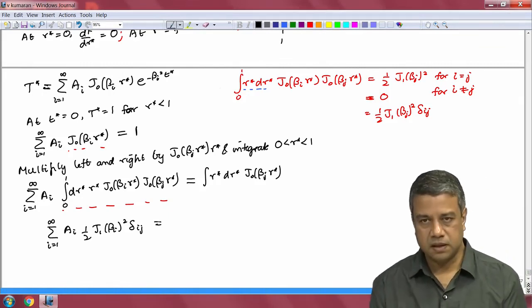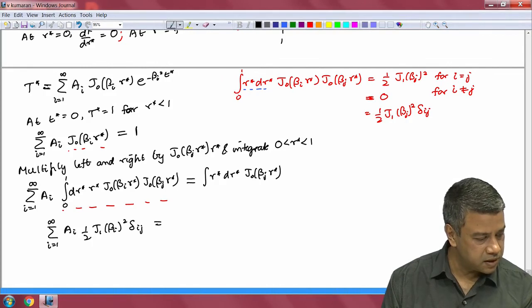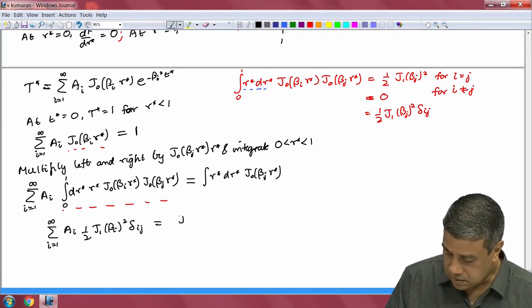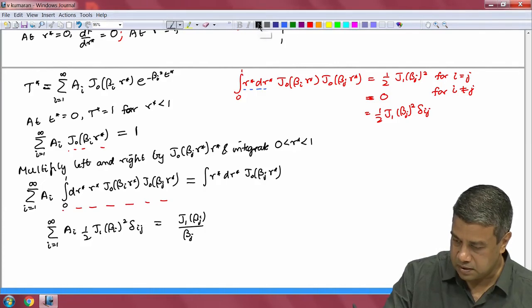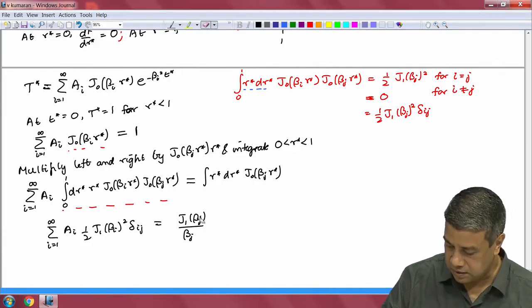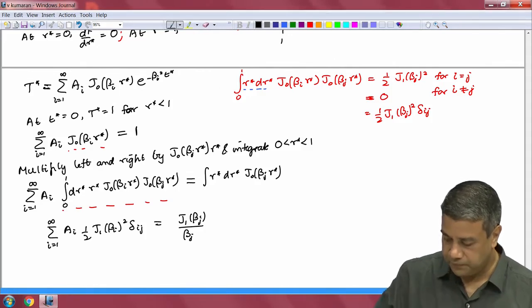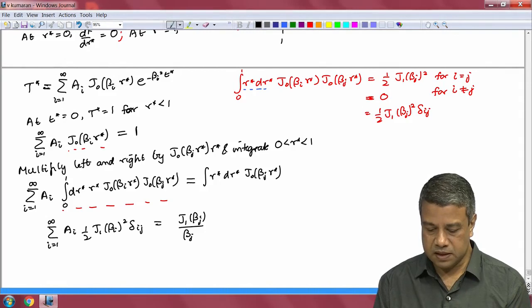On the right side, you can do this integral numerically. It turns out that there is an analytical solution as well, which is j 1 of beta j divided by beta j. On the left side, in the series, all terms are 0 unless i is equal to j.